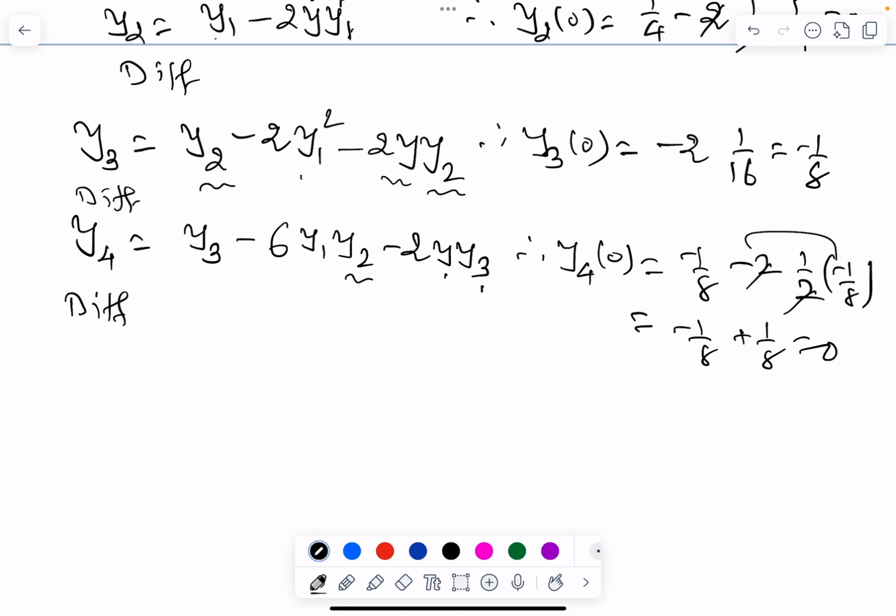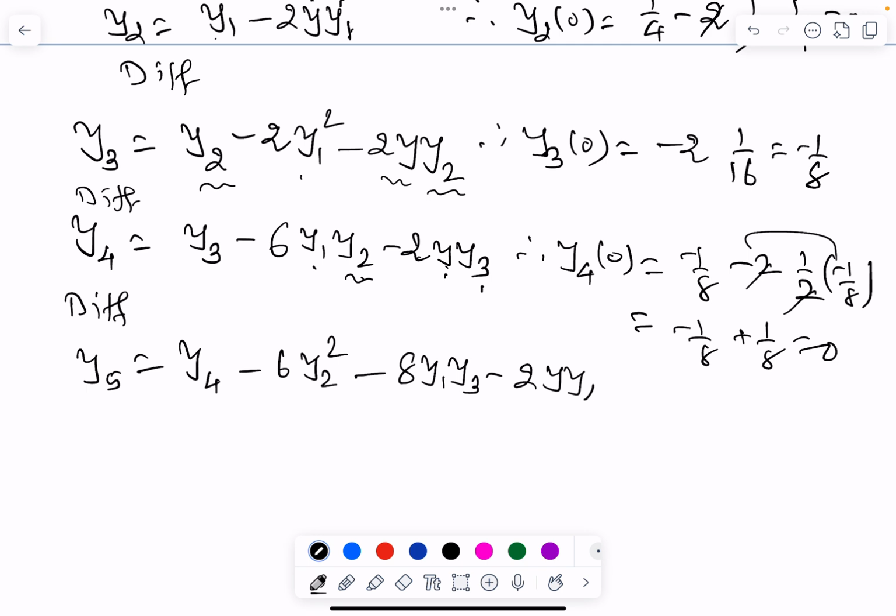We can again differentiate. We can find y5. That is nothing but y4 minus 6. Derivative of y1 is y2. y2 is already there. So y2 square minus 6 y1 y3 minus 2 y1 y3. So minus 8 y1 y3 minus 2 y y4.